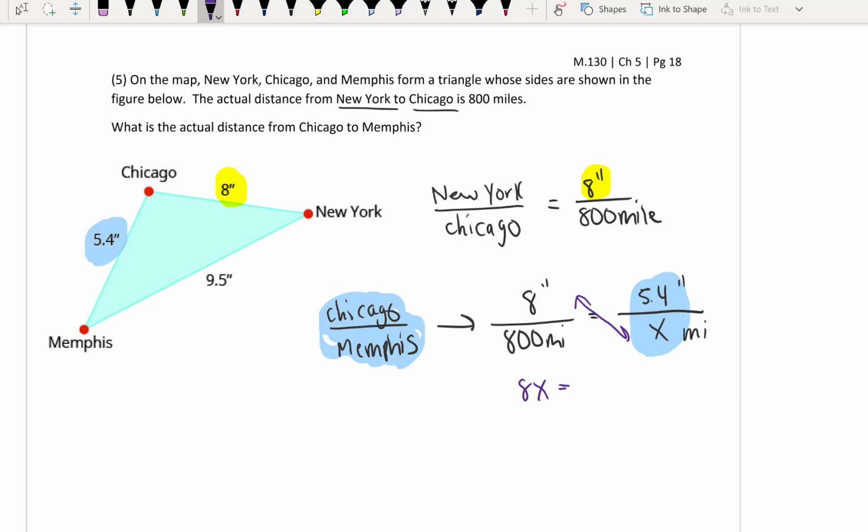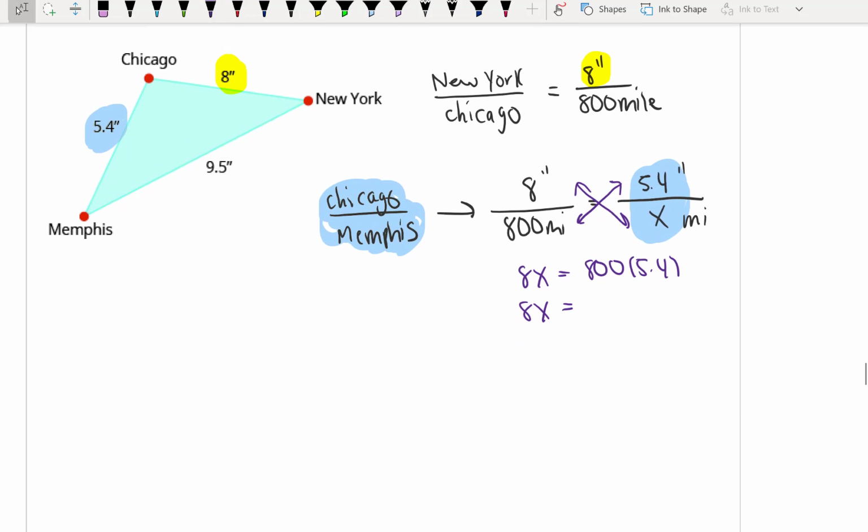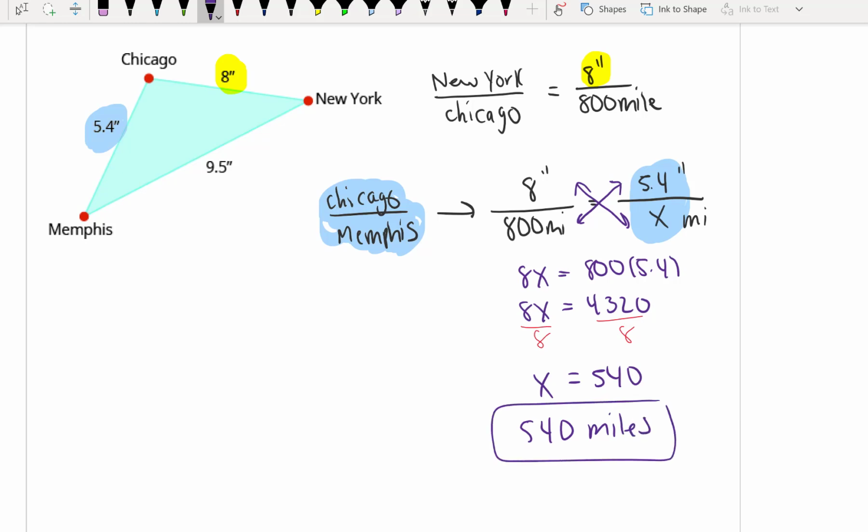So that 8x is equal to 800 times my 5.4. So that 8x is equal to 800 times 5.4, which is 4,320. And I divide both sides by 8, so I can get that x is equal to 540. So it's going to be 540 miles from Chicago to Memphis.